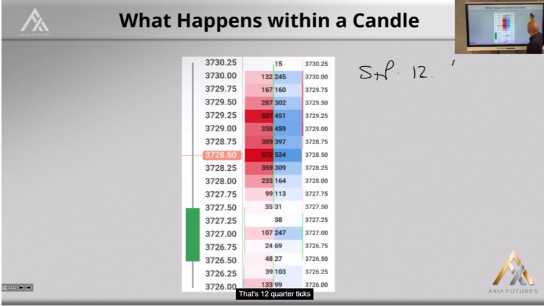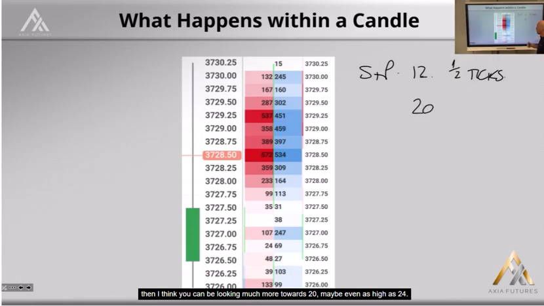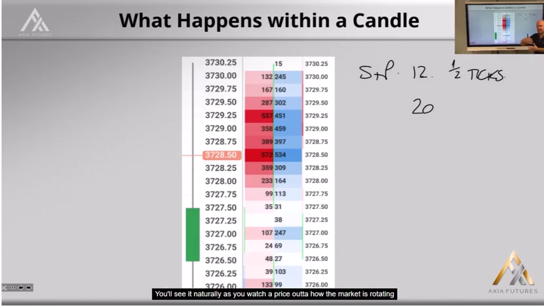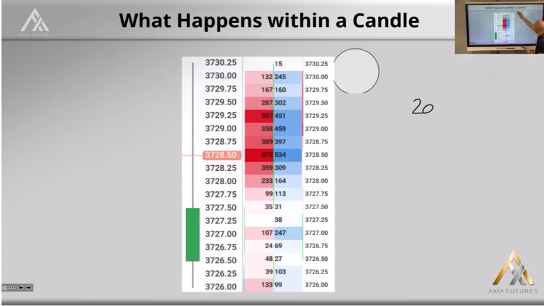That's 12 quarter ticks, just to be clear, so 3 full ticks. But when volatility picks up, then I think you can be looking much more towards 20, maybe even as high as 24. So that's the kind of level, and you have to vary this with time. You'll see it naturally as you watch a price ladder, how the market is rotating, and can therefore make a decision as to how you want to enter.